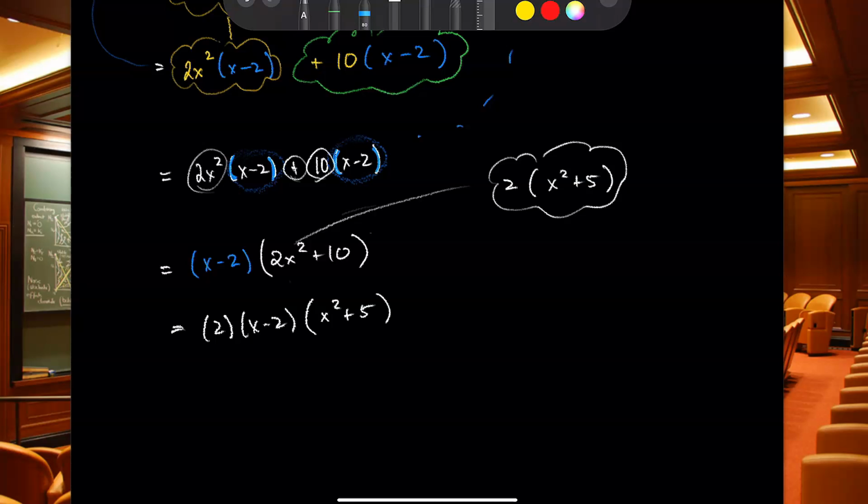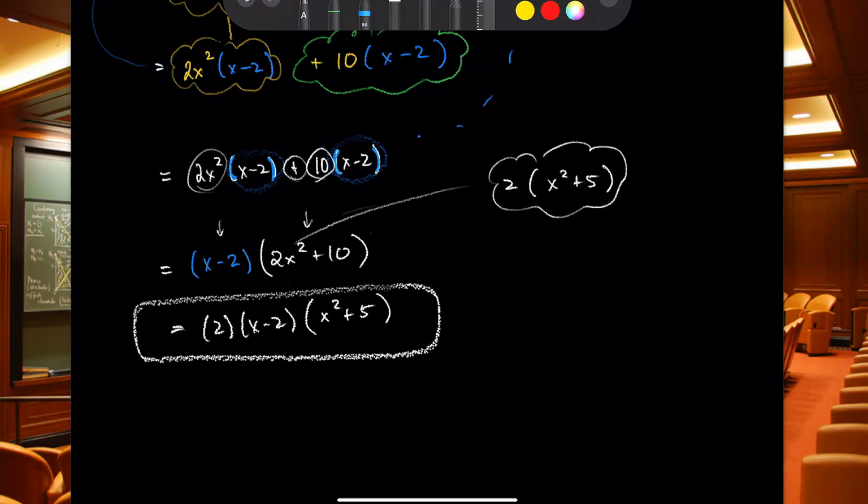So if we wanted to completely factor it, that would be the way to go. Okay, so when you're done factoring, or when you think you're done factoring, look at each of your components and say, is there a greatest common factor I could pull out of this? You notice that this 2 was just a part of this, and now we're breaking it into those Lego pieces.